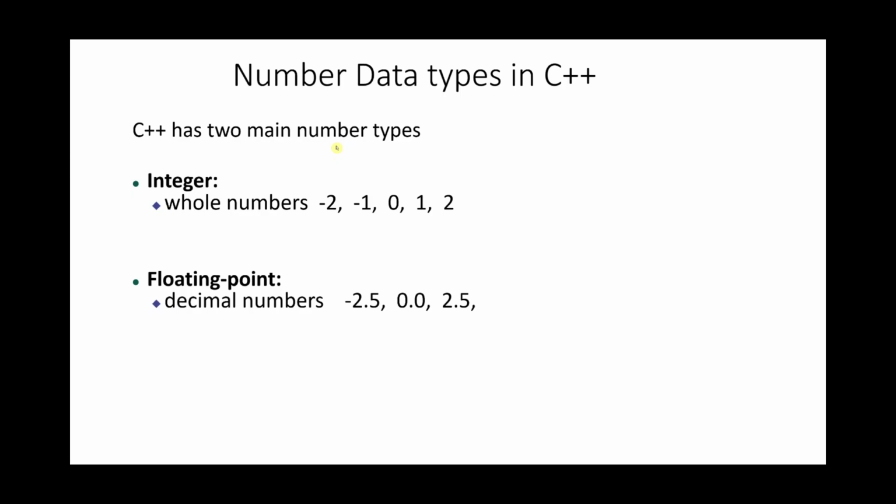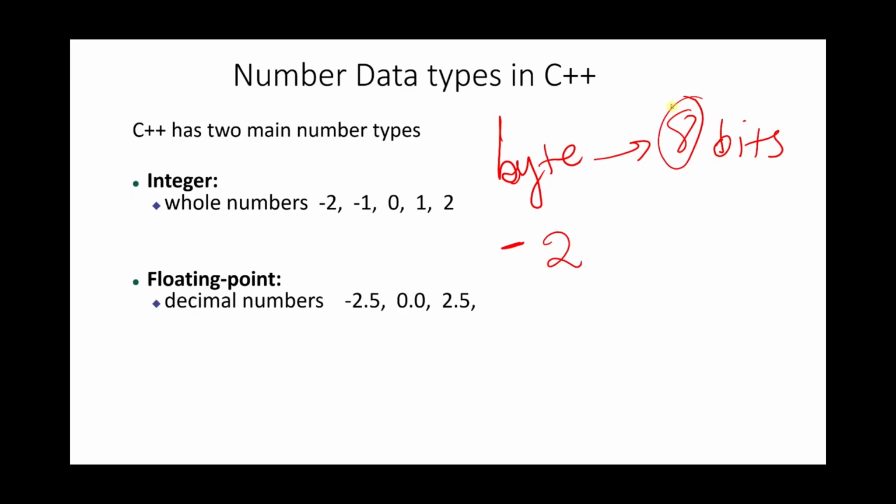Like we have byte. This is storing up to 8 bits. So numbers ranging from negative 2 to the power number of bits minus 1, so 7, to positive 2 to the power 7 minus 1.